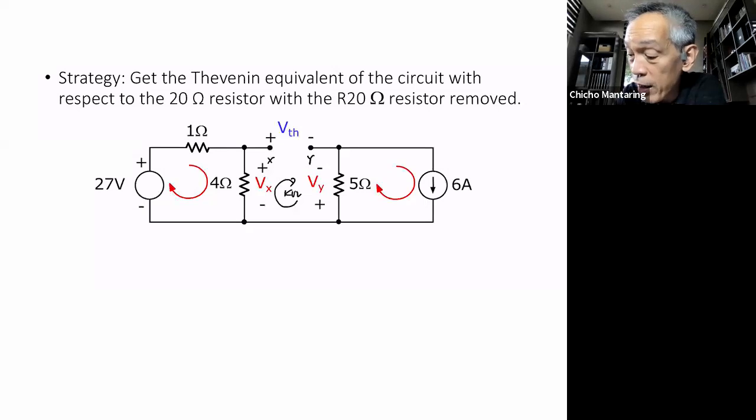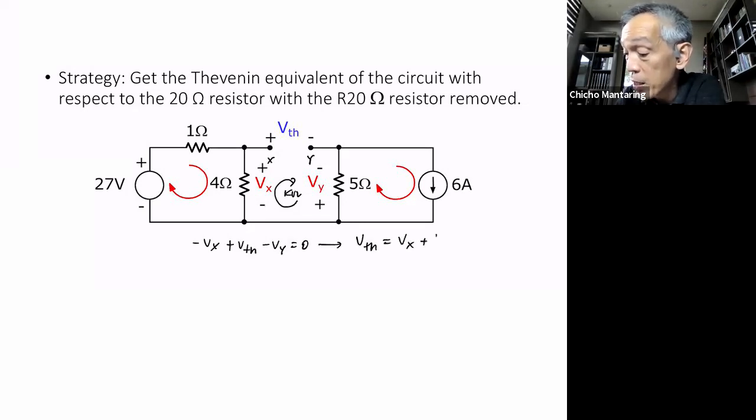Negative to positive is negative, so minus Vx, plus to minus is plus, so plus VTH, negative to positive is negative, so minus Vy is equal to 0. So VTH is equal to V of X plus V of Y.